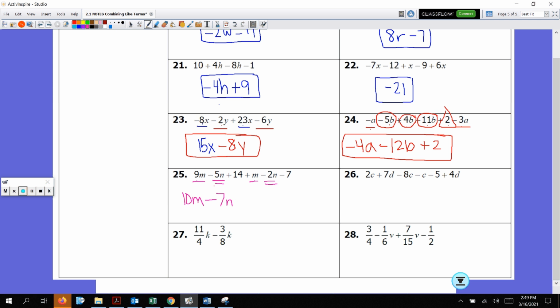And now I have a constant. I have positive 14. And it's not positive 7, it's negative 7. Those are my constants, 14 minus 7. 14 minus 7 is 7. So now I have 10m minus 7n plus 7.